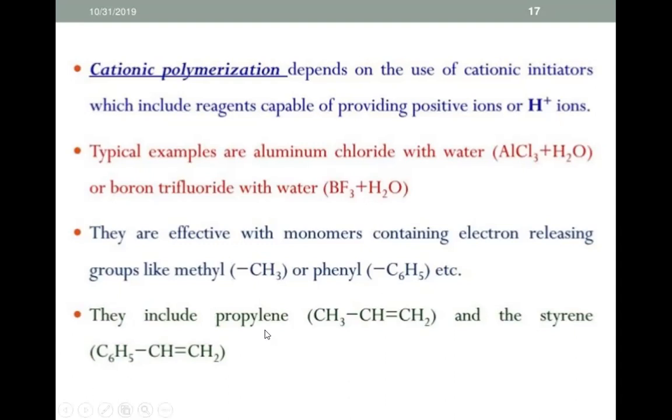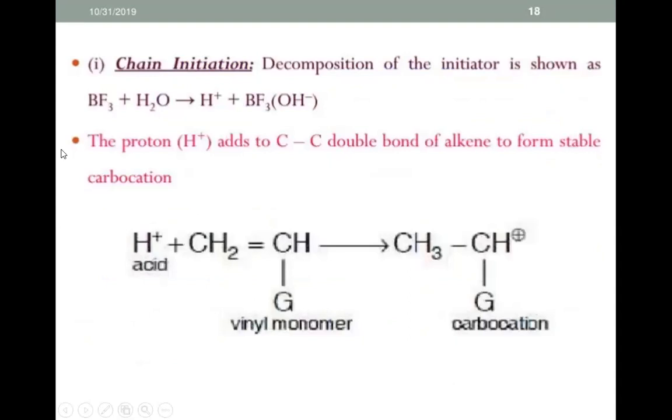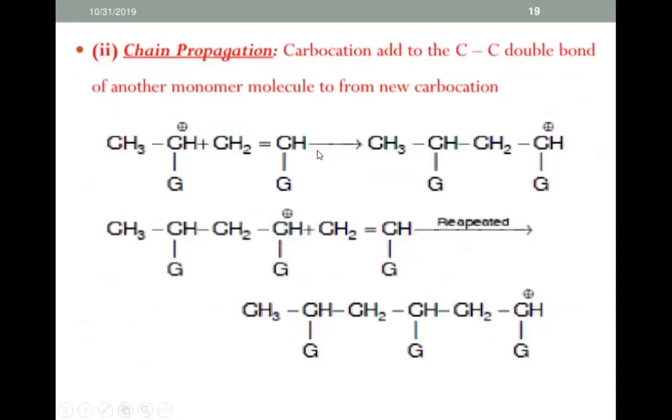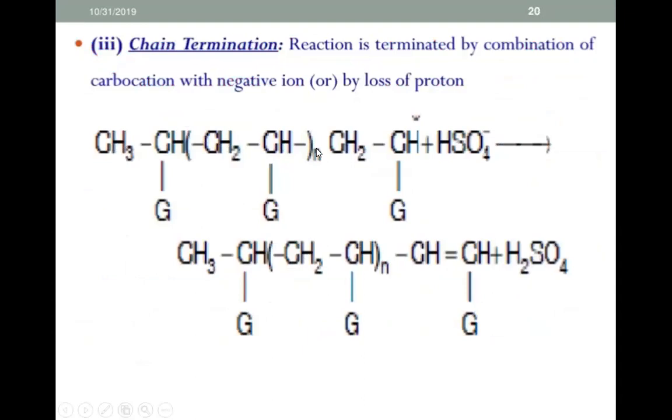They include propylene and styrene. This cationic polymerization also involves three types of steps. They are chain initiation step, chain propagation step, and chain termination step.